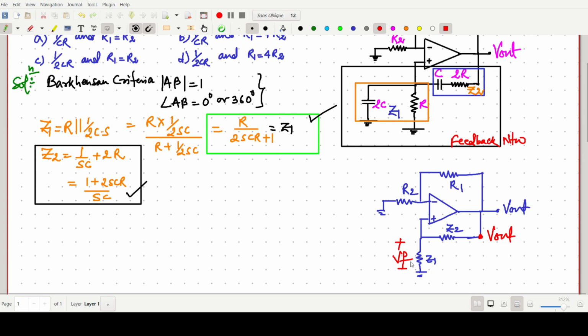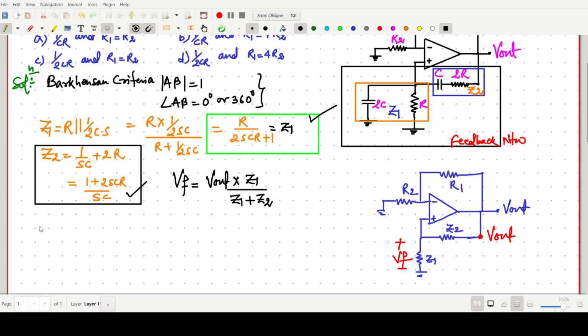We can easily find the value of the feedback voltage Vf. Vf equals Vout into Z1 by Z1 plus Z2, a simple voltage division rule.